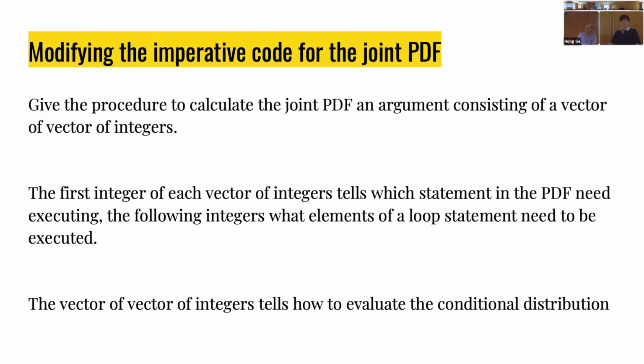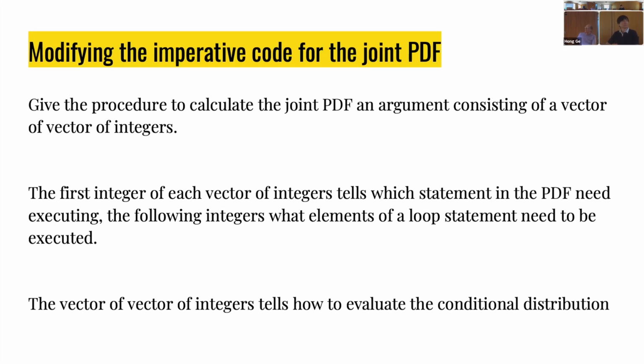So the first integer will correspond to the sort of line in the compiled code, or the line in the probabilistic model that you want to execute. And then after that, there'll be a whole bunch of integers which will tell you which statements in a loop statement, which elements of a loop you want to execute.